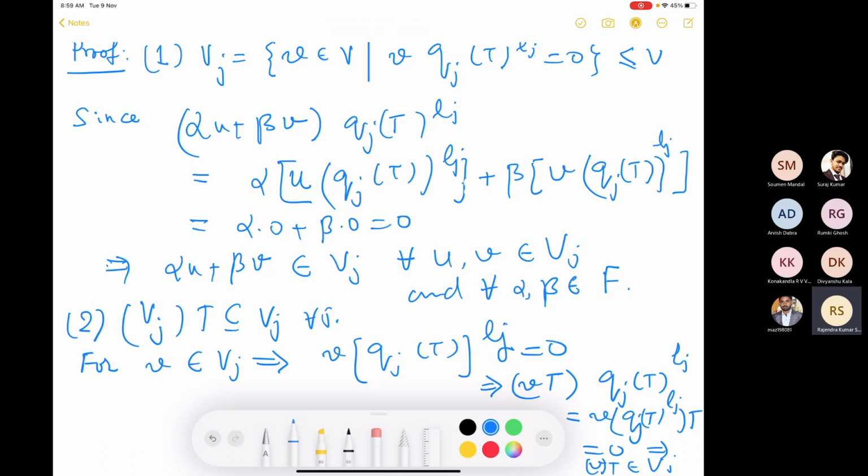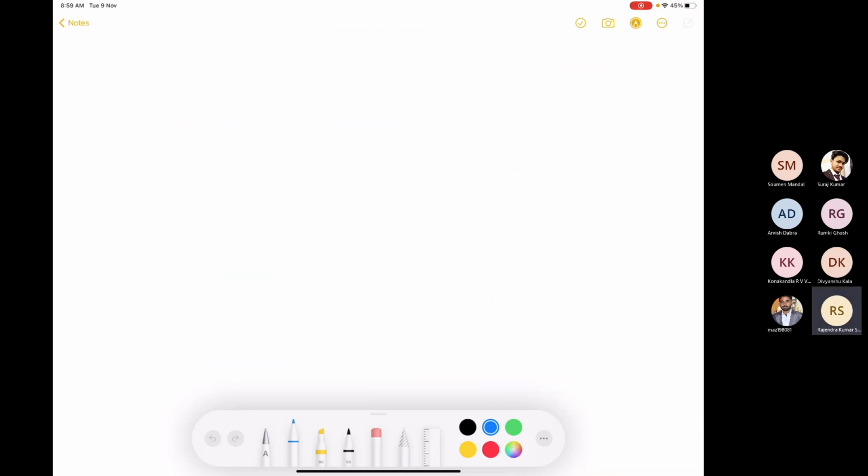The third thing is also rather pretty simple. In fact, all are very easy. The third thing is that Vi is non-zero.